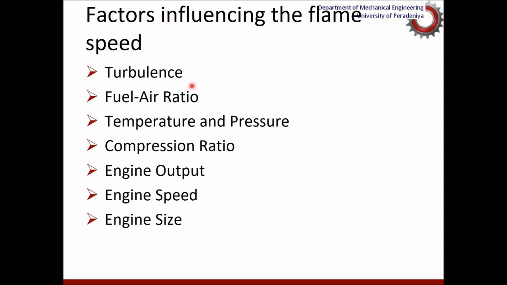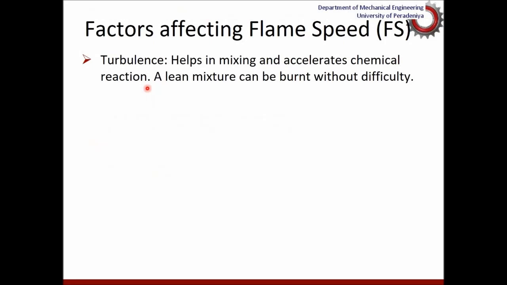Today, we are going to look at some of these parameters in a little more detail, how these parameters affect the flame speed and hence the combustion process. Now, if you look at the turbulence first, as we discussed earlier, the turbulence helps to mix air and fuel together.